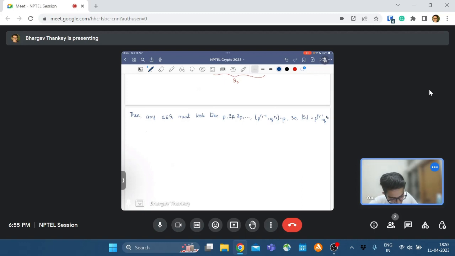Similarly, any A in S2 must look like, well, every A in S2 is a multiple of Q, so it must look like this. And till when can this go on? Well, it can go on to this value because this product is exactly equal to n, and we know that A is at most n.